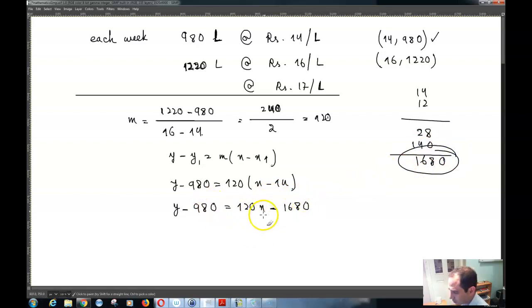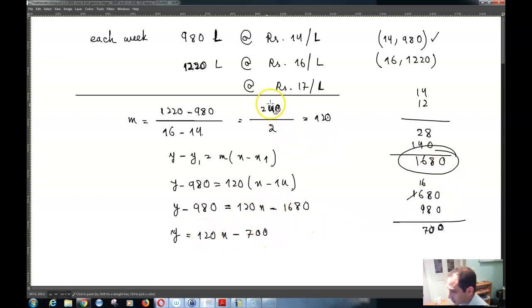And that's the constant that I was talking about. So your y, the output over here, is equal to 120x, and you have negative 1680 plus 980, you get negative 700.